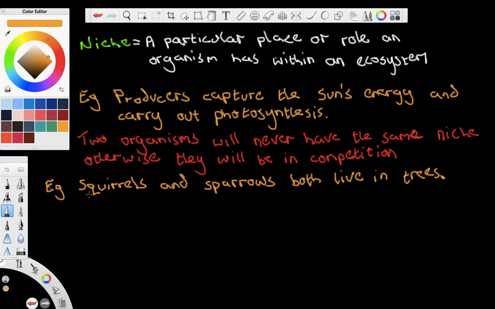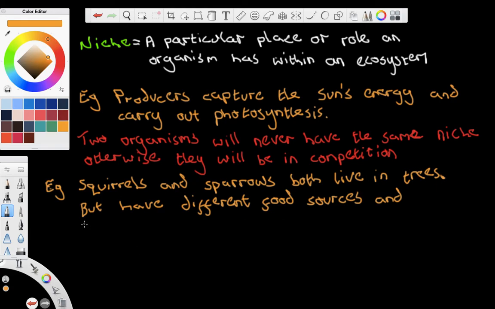So we've said squirrels and sparrows both live in trees, but have different food sources, and therefore different niches.